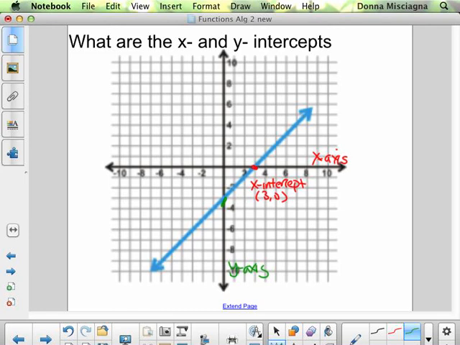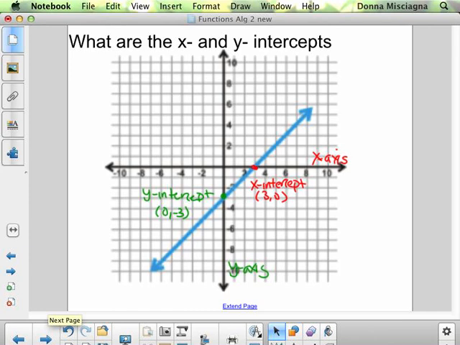Right here, the graph crosses the y-axis, so that is the y-intercept, and that would be the point (0, -3). So for the x-intercept, y is 0; for the y-intercept, x is 0. Make sure you've got those two intercepts labeled on the graph.